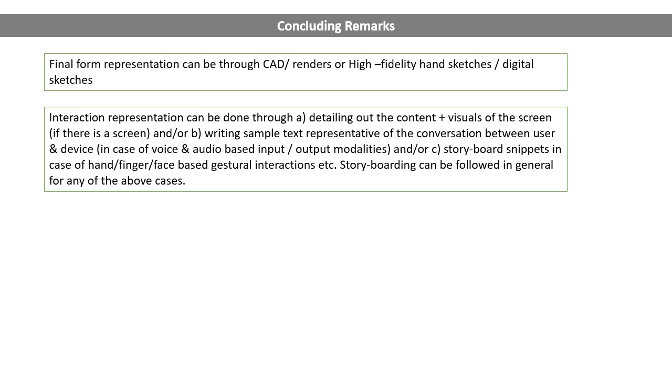If it is for screen based interactions, or if you are having some sort of a conversation, that is voice and audio based input output modalities, in that case you can have some text representing the conversation or mimicking the conversation between the user and the device, or it can be storyboard snippets if there are some gesture based interactions for input.